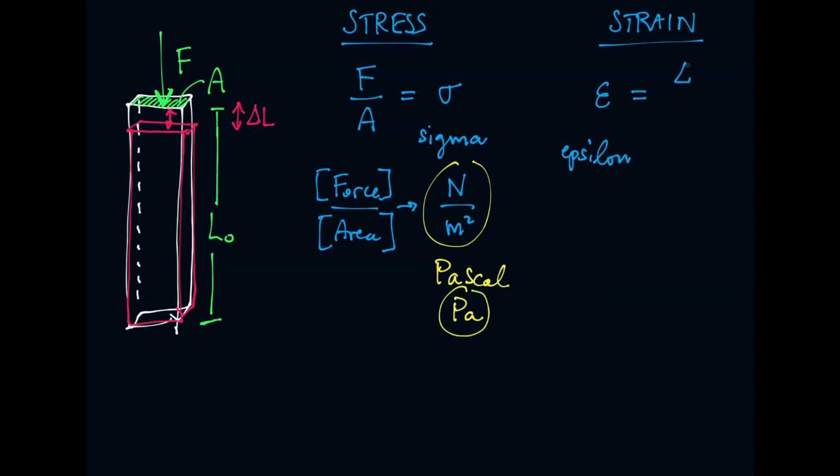And this is the relative or percentage change in the length of the object, or in this case, the height of the object, right? So these are two convenient quantities that I can define to describe what is happening here to my stick on the left-hand side.